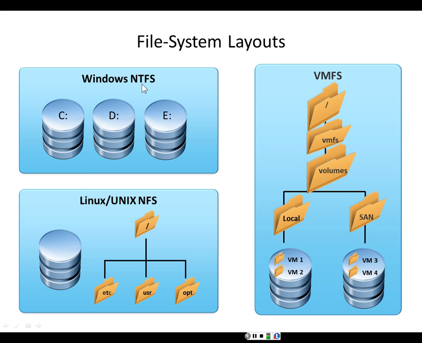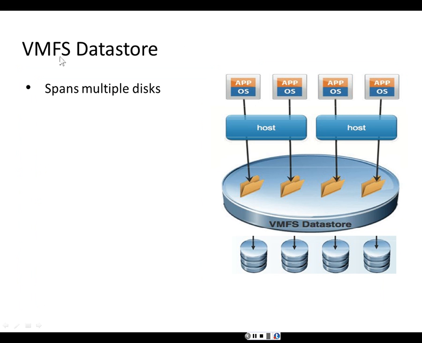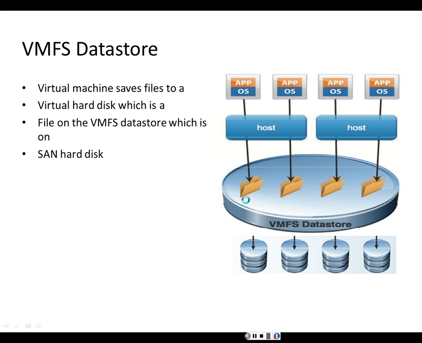Many of you are familiar with the NTFS file system, which is used with Windows, or the NFS file system, which is used by Linux and Unix. VMware uses the VMFS Virtual Machine File System. A VMFS data store is a logical volume which spans multiple disks.